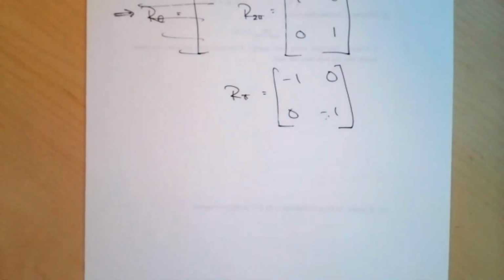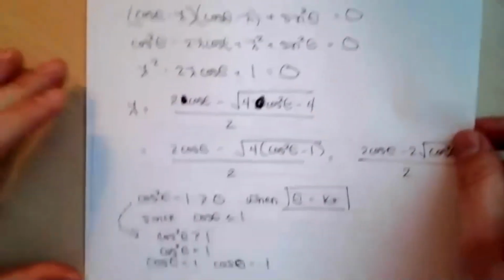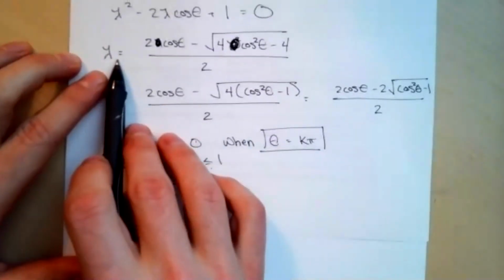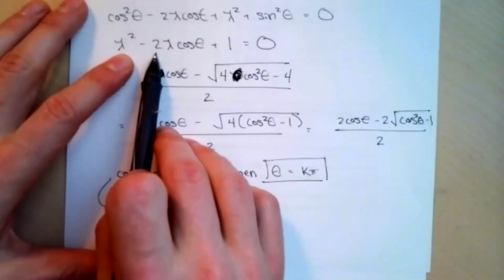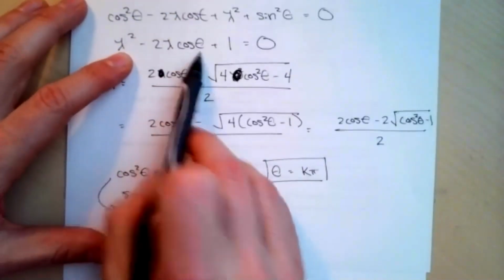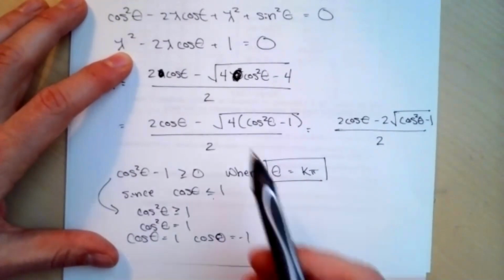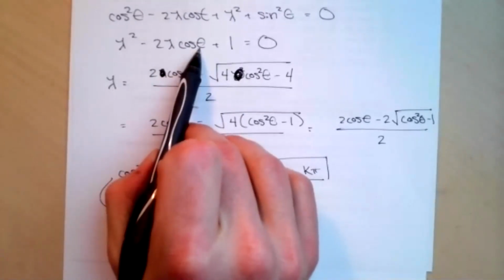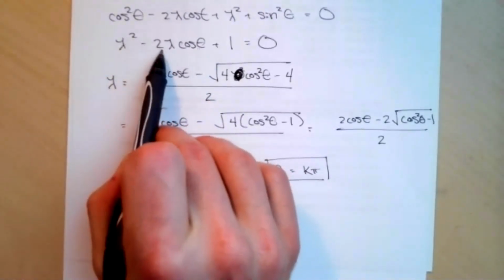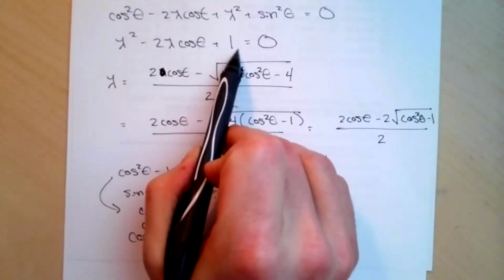So go back to that equation here. Or even here, might be a little easier. If our theta, we've shown, has to be pi or 2 pi, essentially, or some multiples of that. If theta is 2 pi, then I have lambda squared minus 2 lambda plus 1.